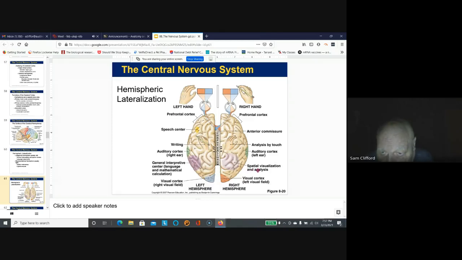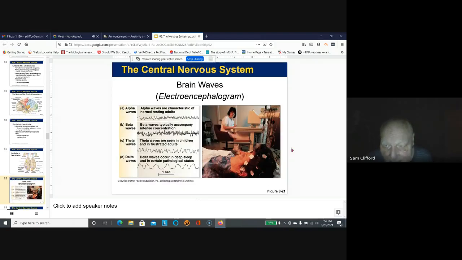And we have spatial visualization. So location is very important in the brain, and it's lateralized, meaning that some things happen in the right hemisphere, other things happen in the left hemisphere. Okay, let's go ahead and stop there.